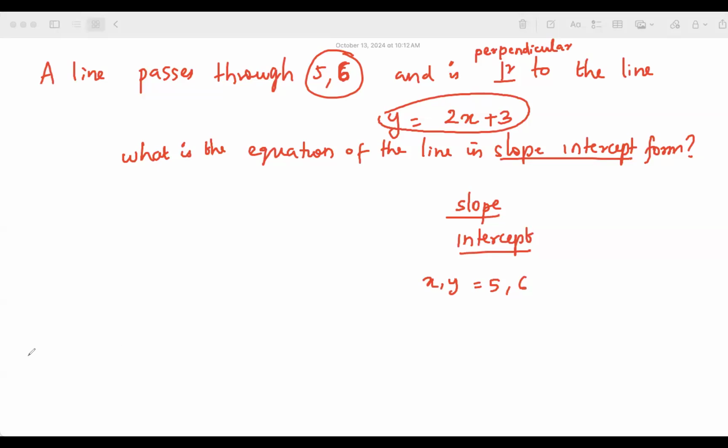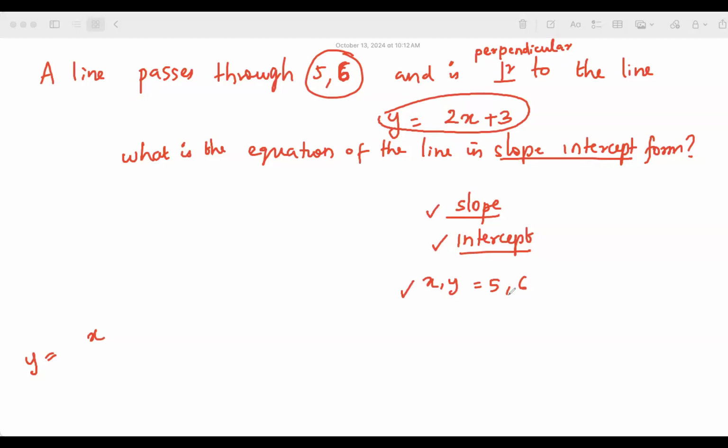Nabiha, when I ask you for the equation of a line, it has to have y and x in its equation. It's not just plugging in numbers, right? Let me go over it once more. To find the equation of any line in slope intercept form, I need the slope and the intercept. Correct, Adira and Srinita.